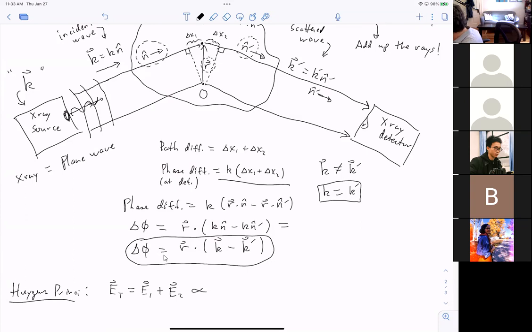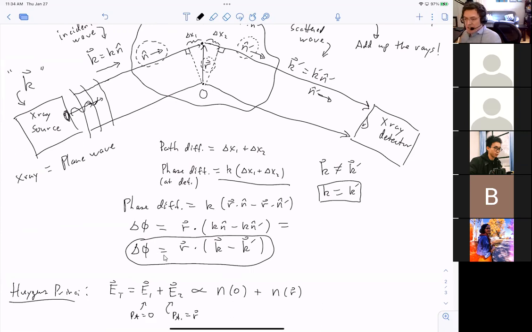The wave hitting point 0, and this will be point r, is proportional to the electron density at point 0, plus the wave that comes from the electron density at point r.